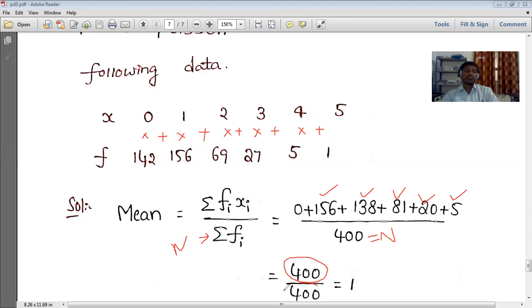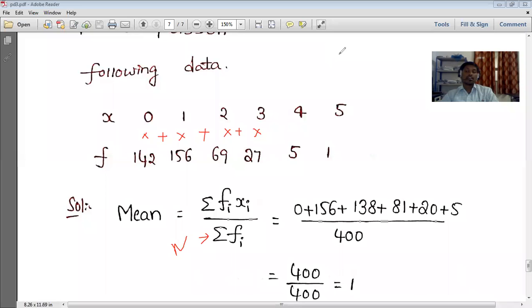Already in the denominator there is 400, so these two cancel, which is equal to 1. So this is the actual mean. As per the Poisson distribution, mean mu is equal to lambda. So the lambda value is 1.